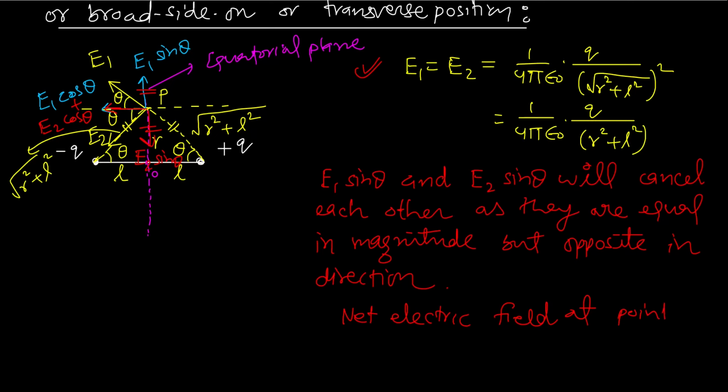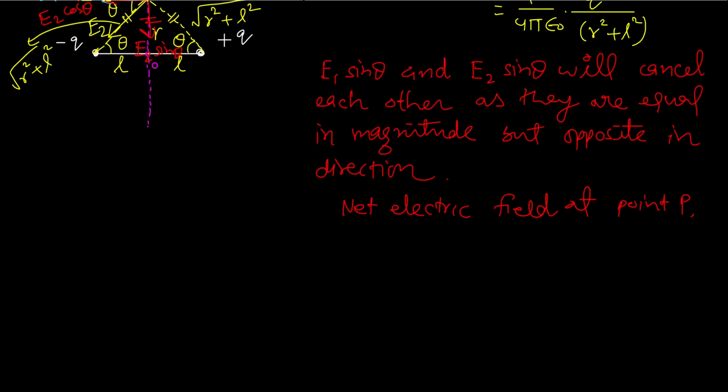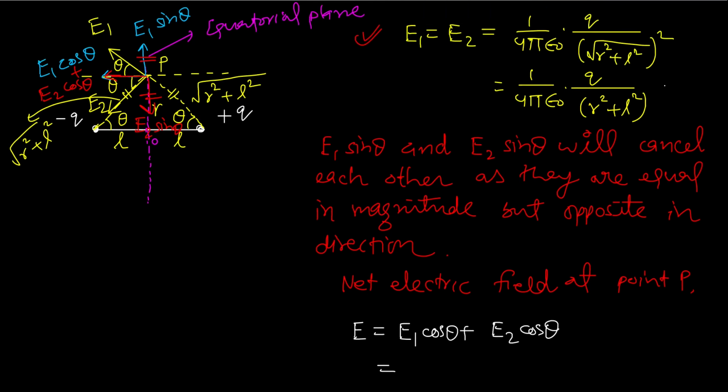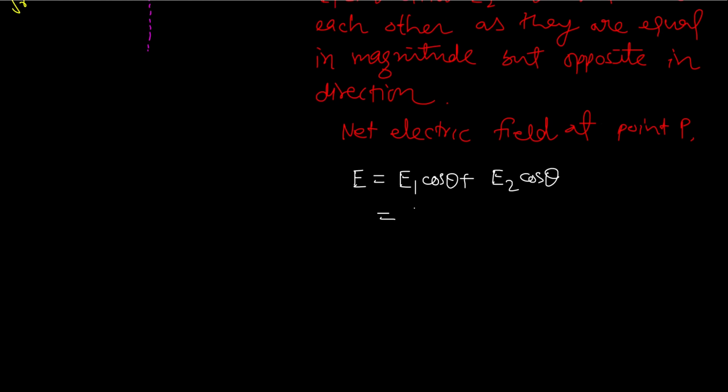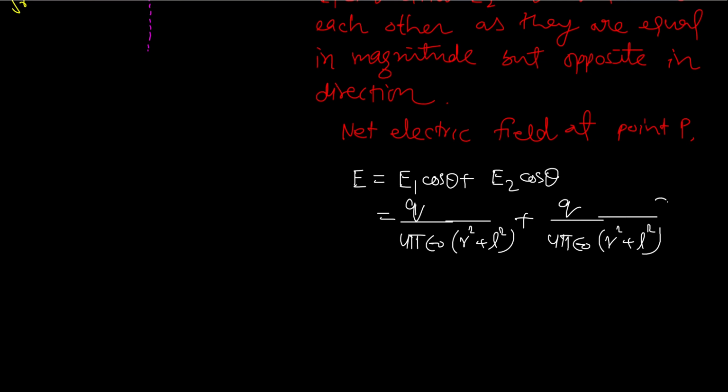The net electric field at point P will be E equals E1 cos theta plus E2 cos theta. And if we put the values of E1 and E2 that we have calculated just above, it will be q divided by 4 pi epsilon naught into r square plus l square, and cos theta can be taken common, plus E2 is also the same, q upon 4 pi epsilon naught into r square plus l square, and this whole thing multiplied by cos theta.